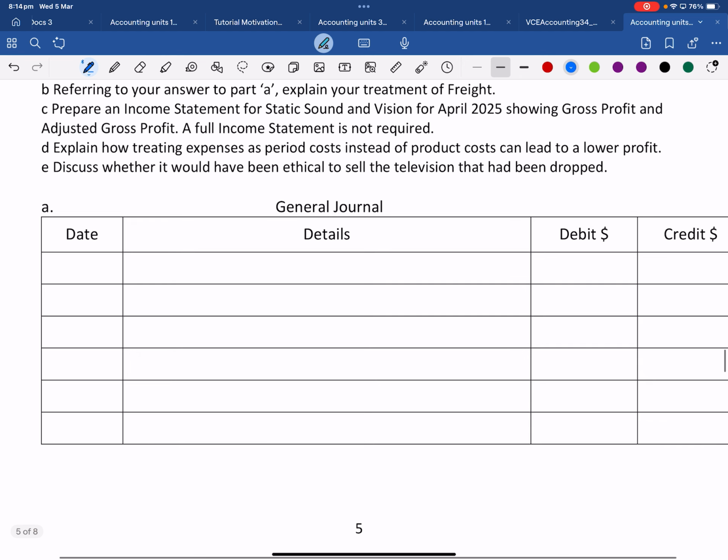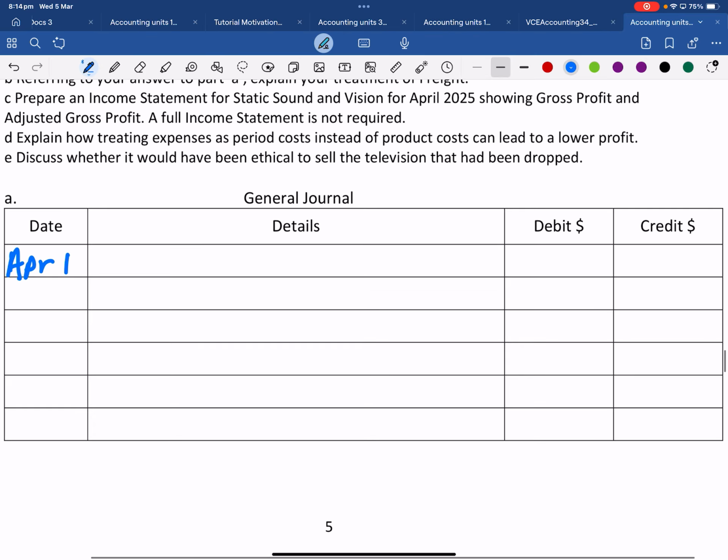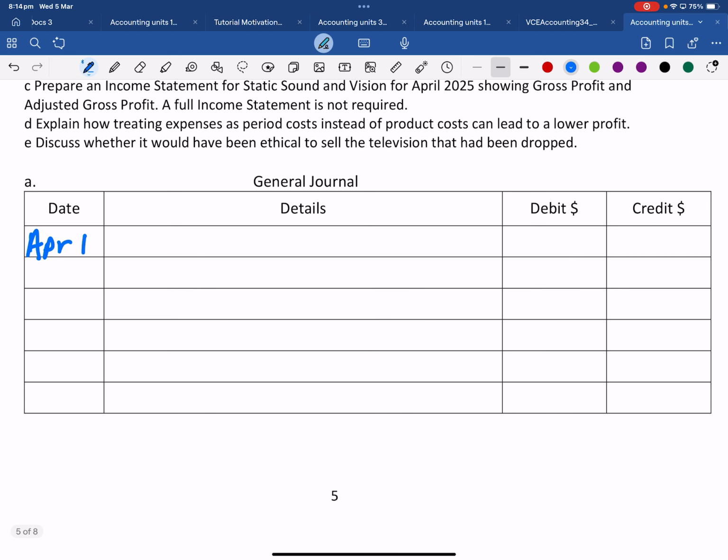1st April. Okay, so you debit inventory.